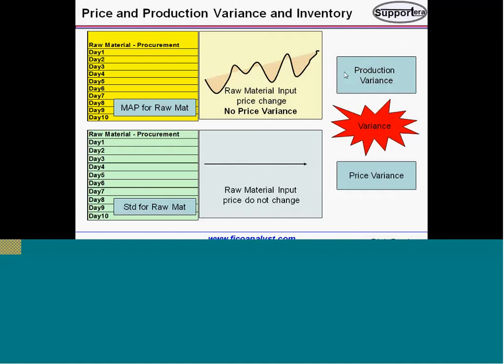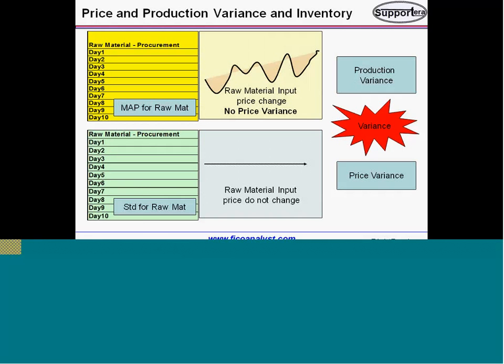Let us assume the $300 was the input price earlier, right? But now when they are consuming, they are consuming at the changed price. So $100 may become $150, or $200 may become $275. Since your input prices are changing, this will result in your production variance.